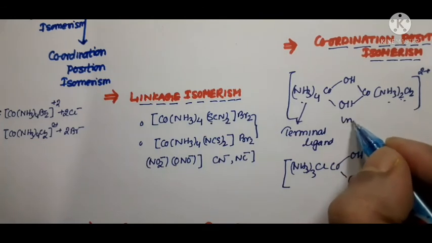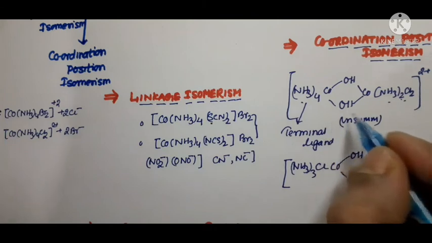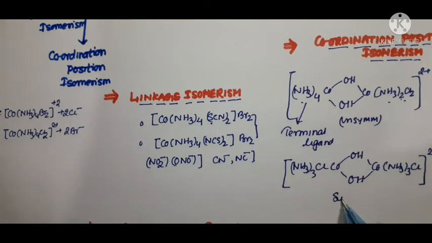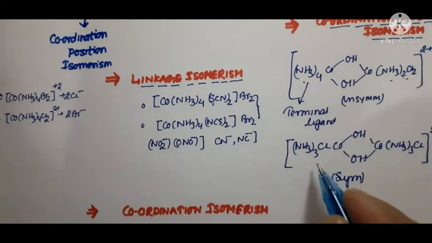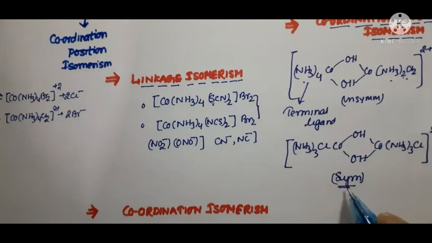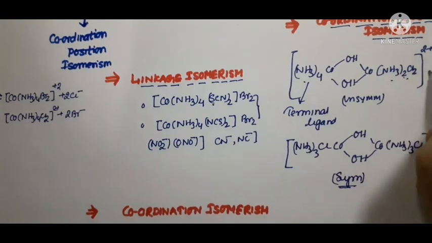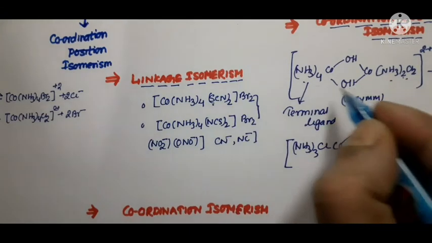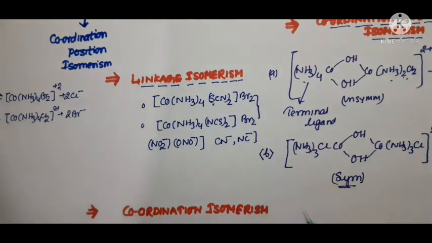So in the above example, the arrangement of terminal ligands is unsymmetrical, and in the last one, the arrangement of ligands takes place in a symmetrical way. So this is number A, the upper one is number A, the lower one is number B. These two are considered as coordination position isomerism.